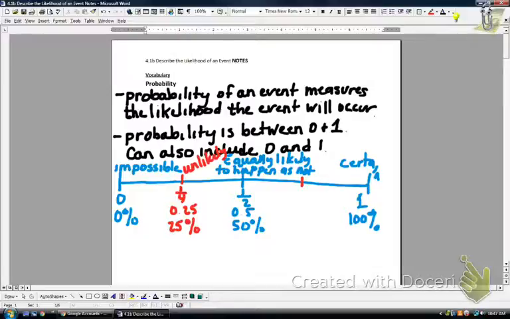And then 3/4, which is 0.75 or 75%, we say that is likely. So an event can be impossible, it can be unlikely, it can be equally likely to happen as not, it can be likely, or it can be certain.